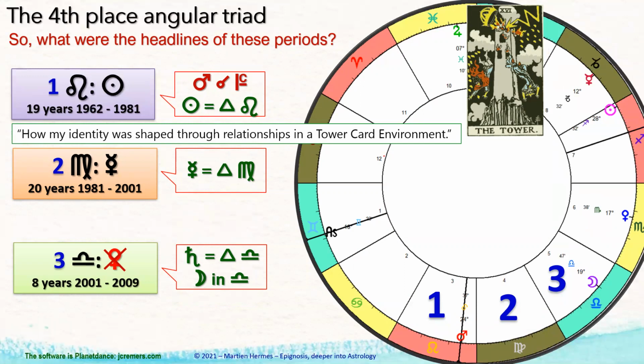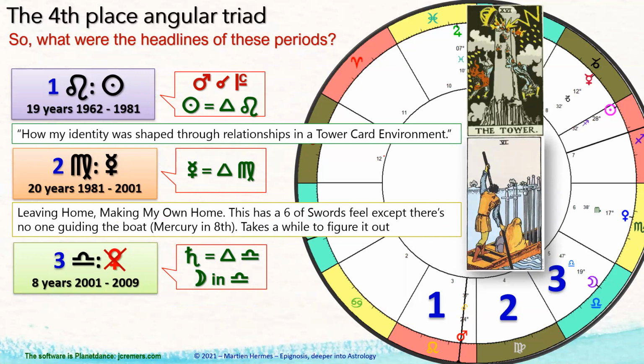And that's the Sun in the 7th place, in a Tower card environment being Mars. Yeah, well, it's really clear. And the second period, which is Mercury, being in aversion to that, being in trine to the Virgin, making my own home, 4th place, a 6 of Swords feel.